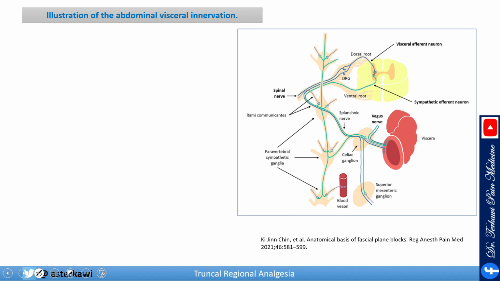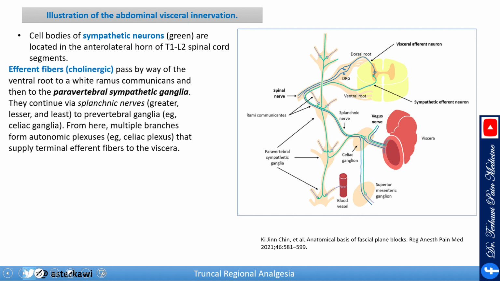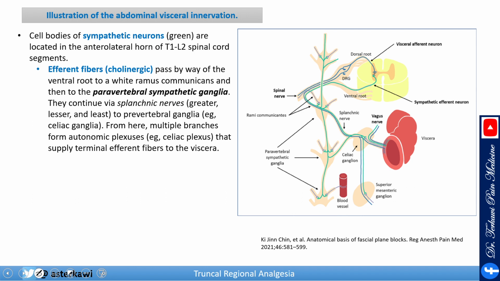So this is abdominal visceral innervation, which is also important to keep in mind when you are treating pain. The cell bodies of the sympathetic neurons, in green, are located in the anterolateral horn of the T1 to L2 spinal cord segments. Efferent fibers, which are cholinergic, pass by way of the ventral root to a white ramus communicans, and then to the paravertebral sympathetic ganglia.